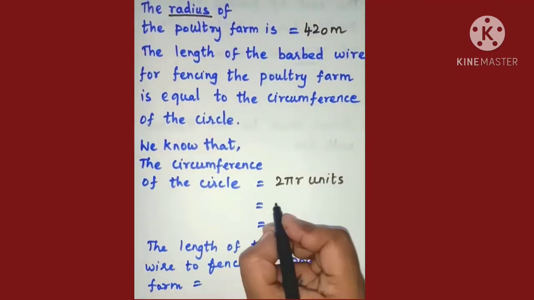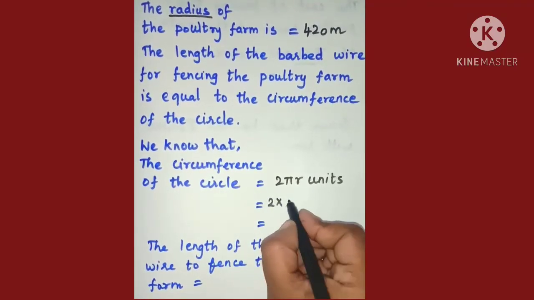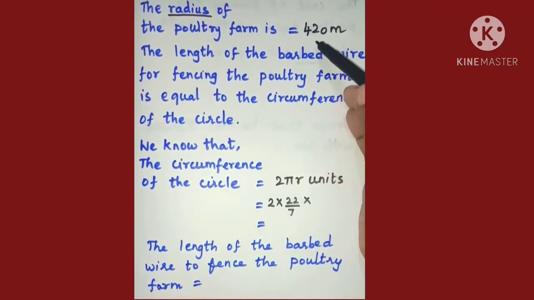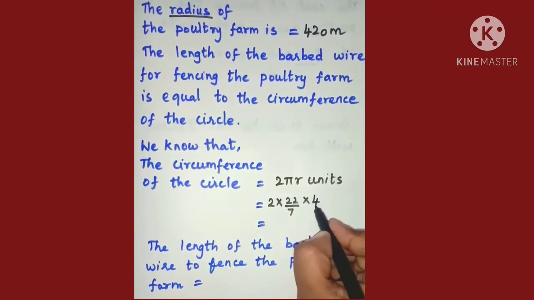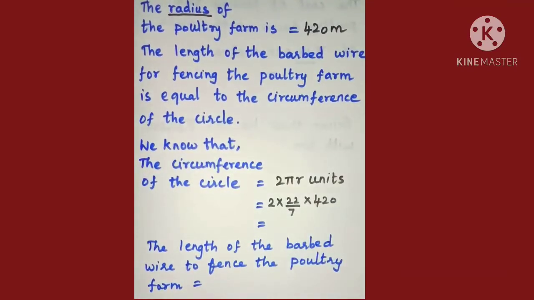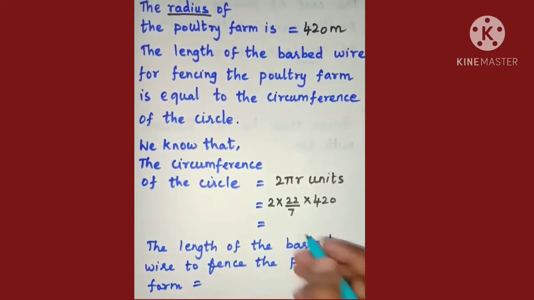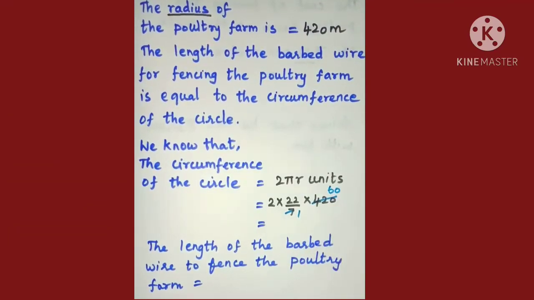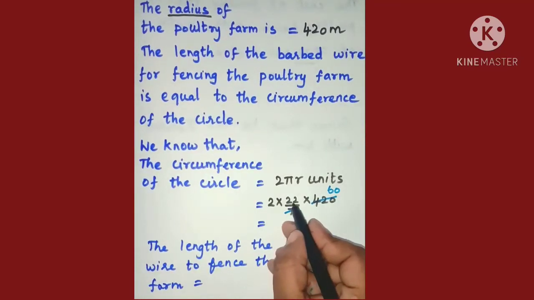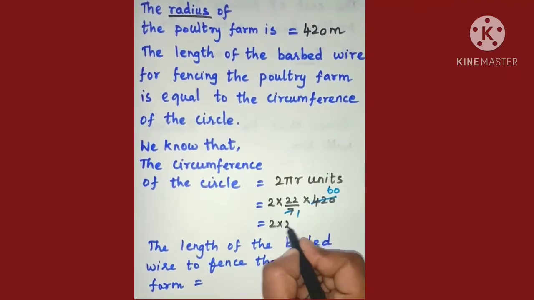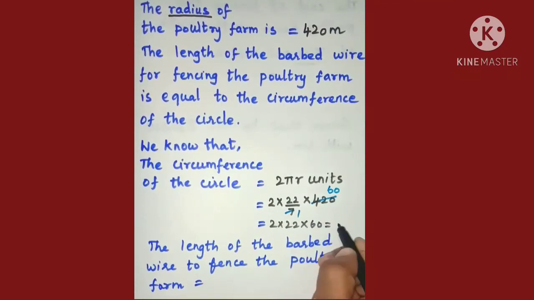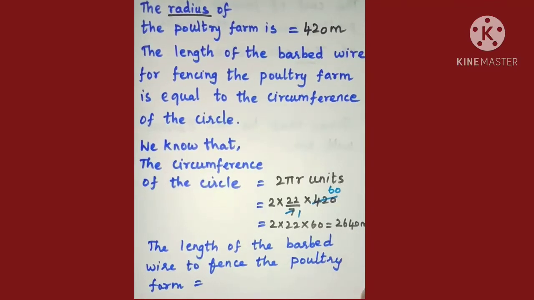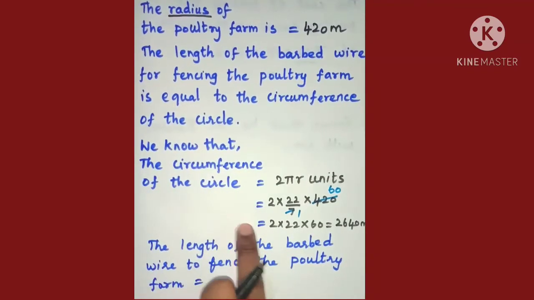Here 2 into the value of pi, which is 22/7, into r, which is 420. Cancelling 7 and 420 we get 60. So 2 into 22 into 60 is 2640 meters.